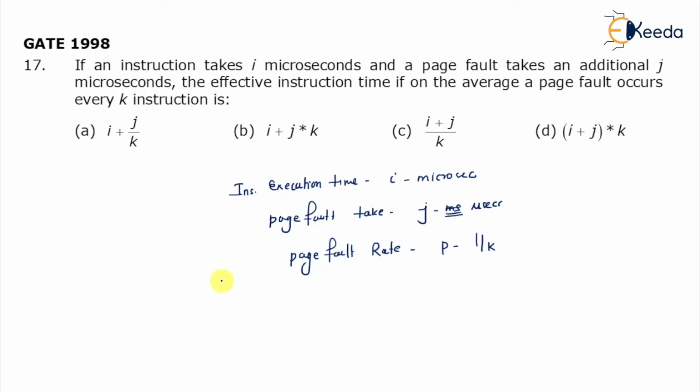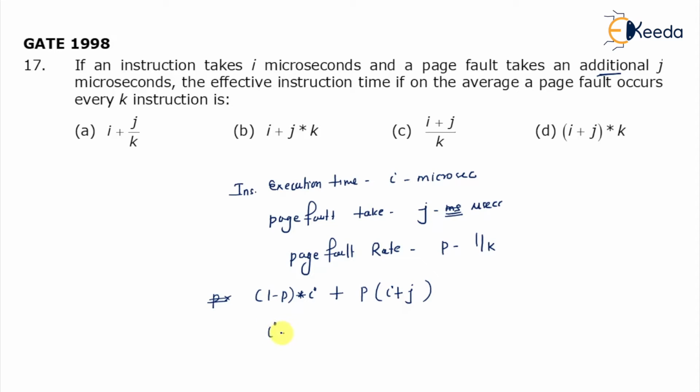We know the formula here: p for page fault, and 1 minus p when the page fault will not occur. Then it will take i microsecond. When the page fault occurs, because it uses the term additional and not page fault service time, I'll write i plus j.